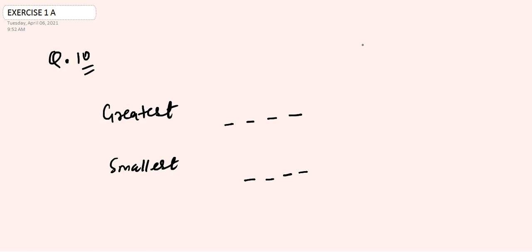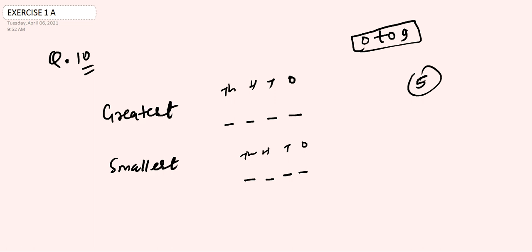Again 4 different digits you have to use, so from 0 to 9 you can use any digit. Then with the condition that digit 5 is always at the tens place. Now this is your ones, tens, 100, 1000.